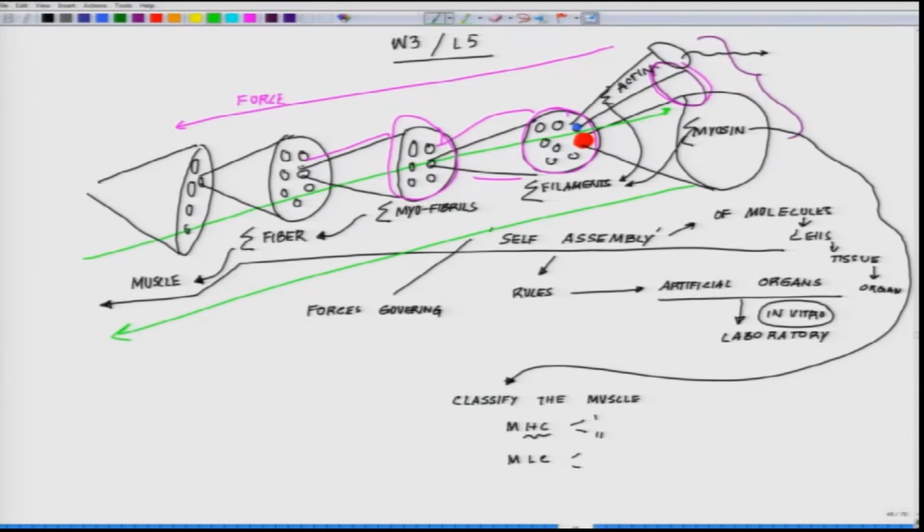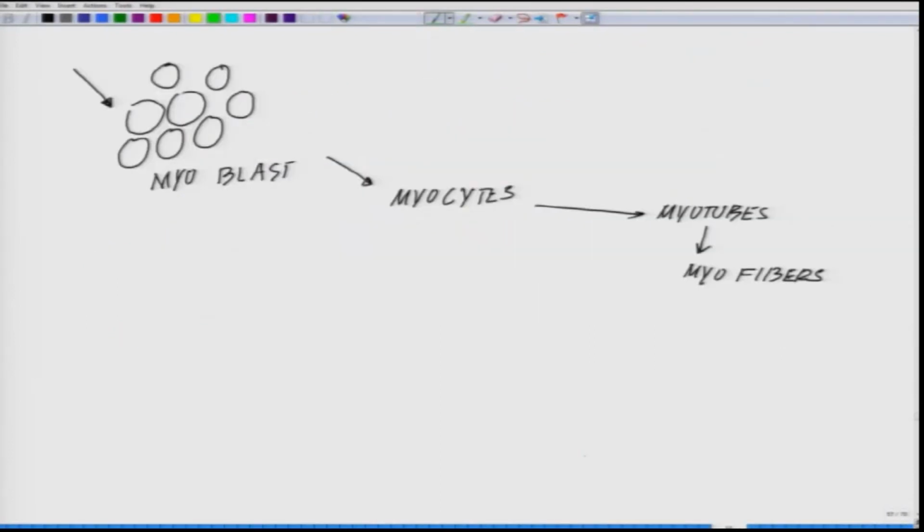Now coming back to where I was, in this whole process some of these myocytes or maybe myoblasts, it is never clear. Now we are just talking about myoblasts for skeletal muscle. At this stage it is decided which will go for the skeletal route, which will go for the cardiac route, and which will go for the smooth muscle route.